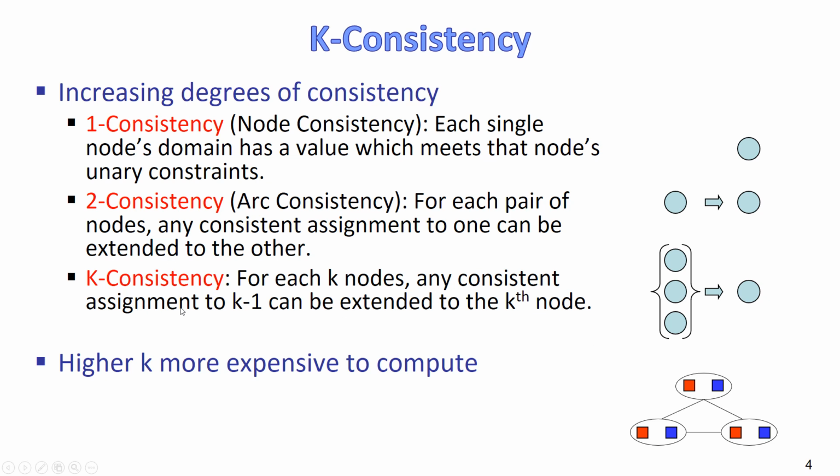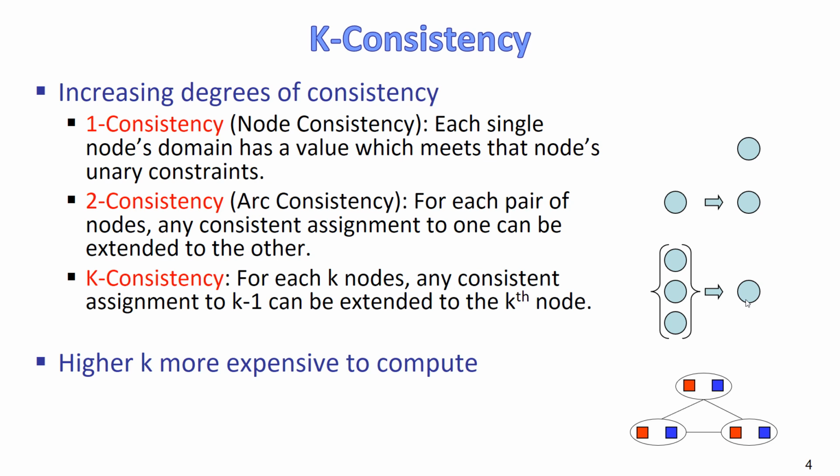So if it's, for example, 4 consistent, that means that for every 4 nodes, if I find a consistent assignment to any 3 of them, then I can also find a value for the 4th node that will be consistent with them.